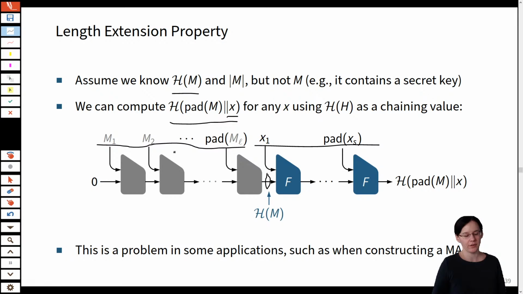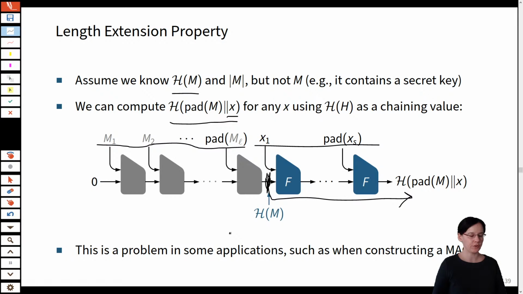So instead of recomputing this part, because we don't know M, we can simply start recomputing from here and get the final hash output for an input which we don't even know, because it's secret. And this is a problem if this is used, for example, to build a MAC by putting in the key first and then appending the message, because it would allow us to extend any message that is authenticated this way.